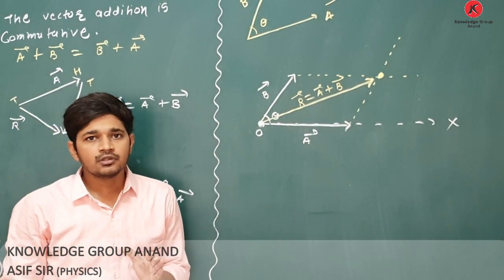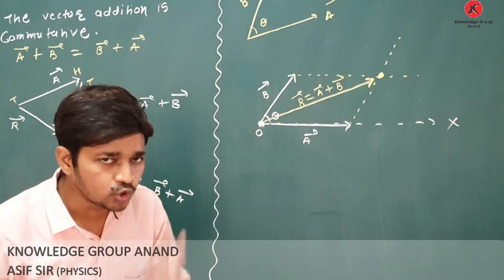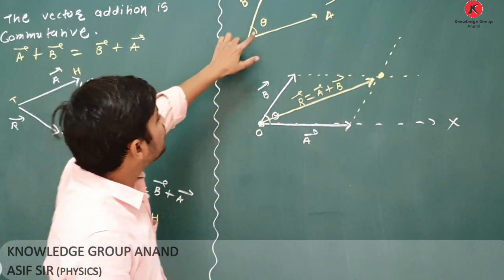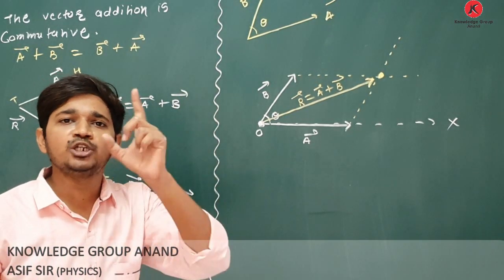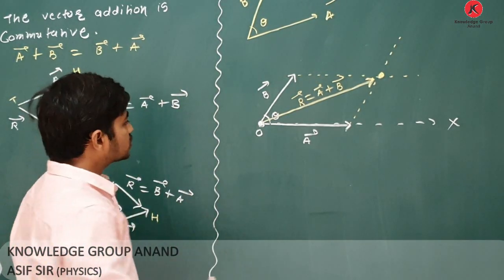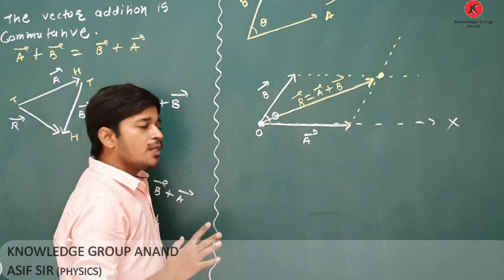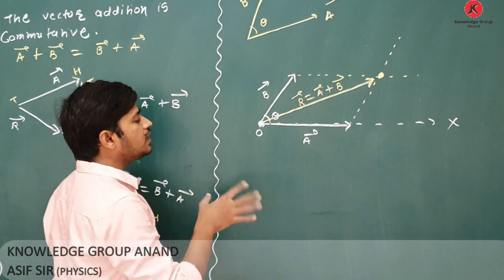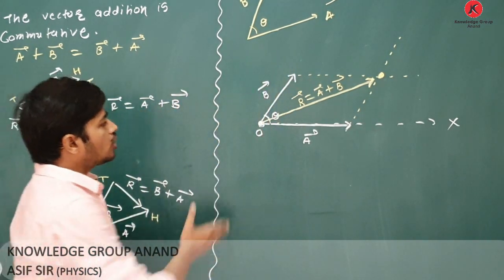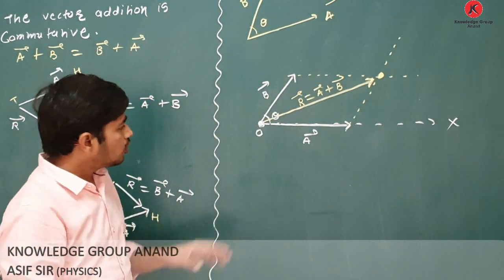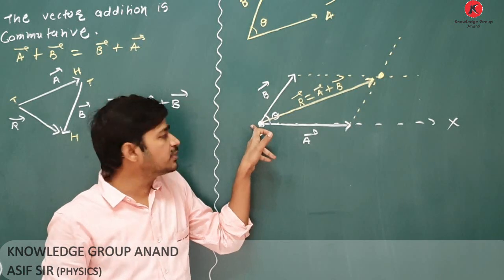Clear about this? So the parallelogram method, yes, it is an easy method. You will be given the angle between two vectors. First of all, draw vector A in the direction of the x-axis. Now, what is the angle between A and B? With the help of that, draw vector B in this direction from a common point.